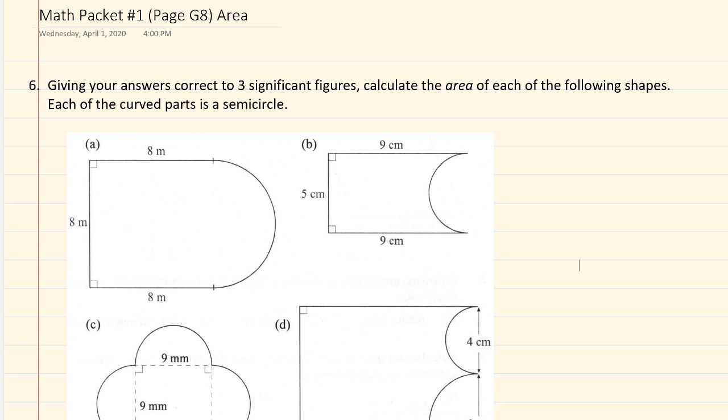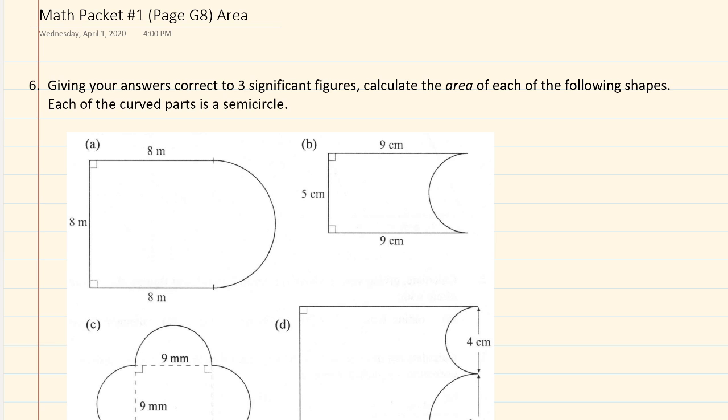This part of the packet was taken from an English website, English meaning like England. So that's why it says some weird things like trapezium instead of trapezoid, and everything's in the metric system, meters, centimeters.